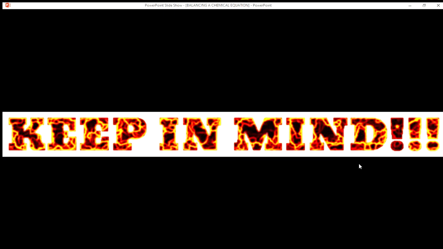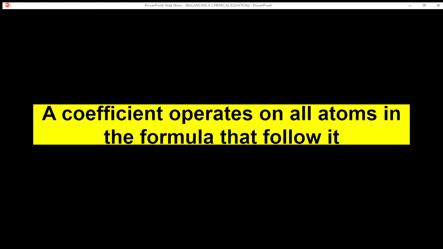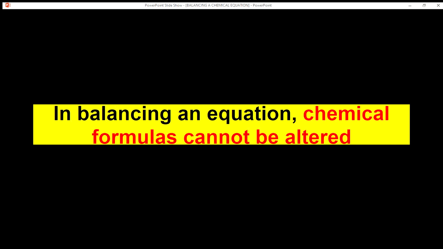Lastly, just a reminder to all of you. First, remember, a coefficient operates on all atoms in the formula that follows it. Second, whenever we are trying to balance an equation, please do not ever alter the chemical formulas.